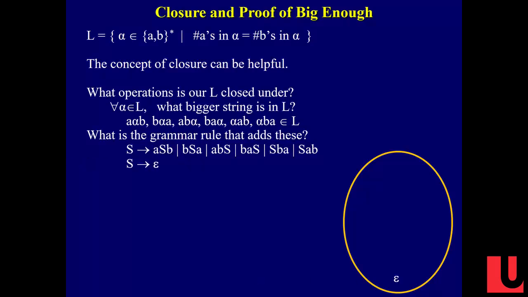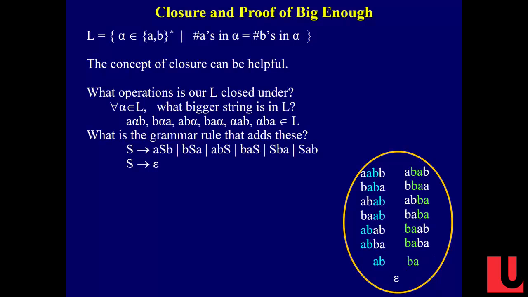Now if we have epsilon in there, then the rules will give us A and B and B and A, and it'll give us all of those, and you keep getting longer and longer strings. Does that make sense? You can see that if these things are in, then when we apply the rules, they also have the same number of A's and B's.